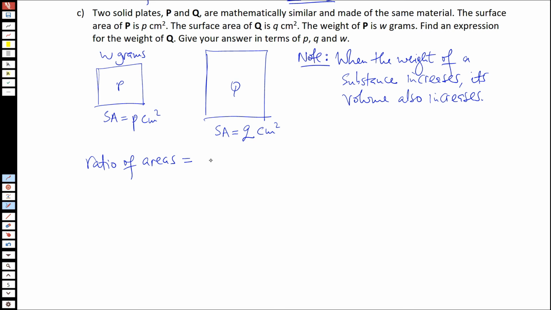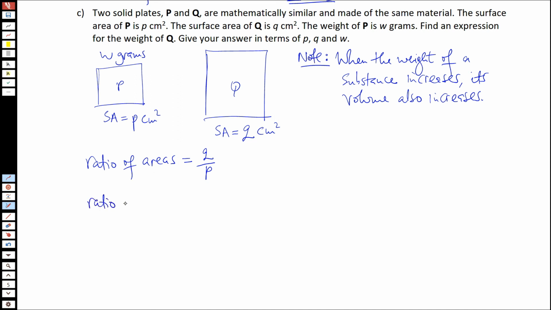So the ratio of the areas will be equal to Q over P. So the area of Q is Q over P times the area of P.